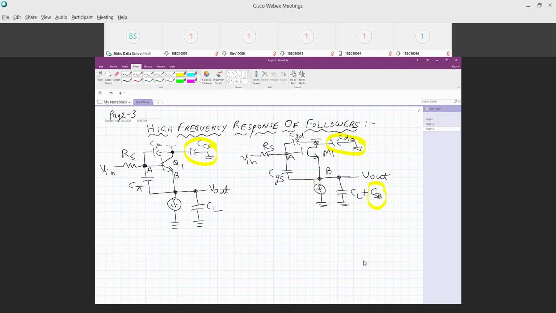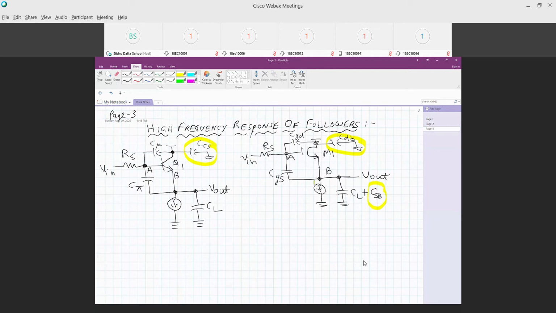But here I would deviate from that a little bit and draw the small signal model and obtain the poles. And in fact, since we are drawing the small signal model, we will see that we are in fact also getting the zero of the frequency response.